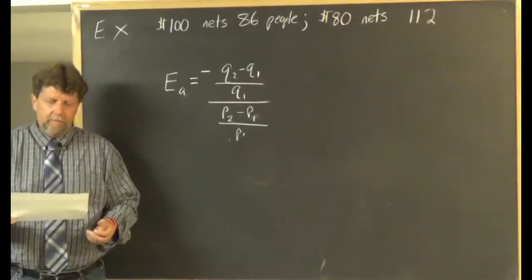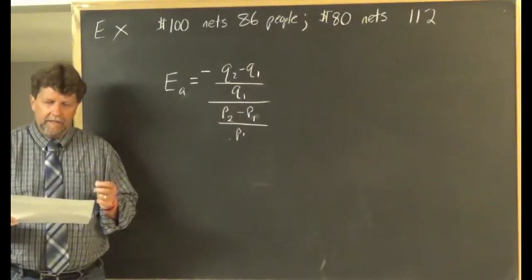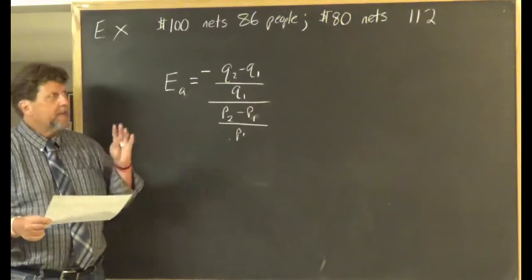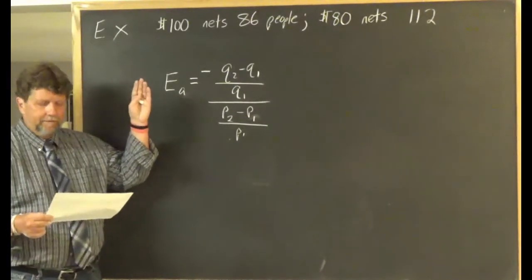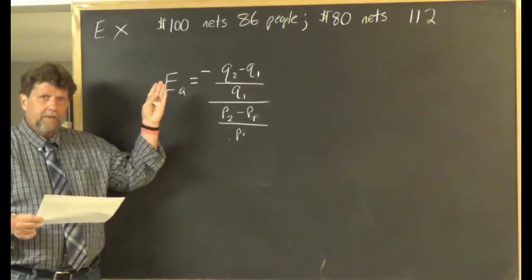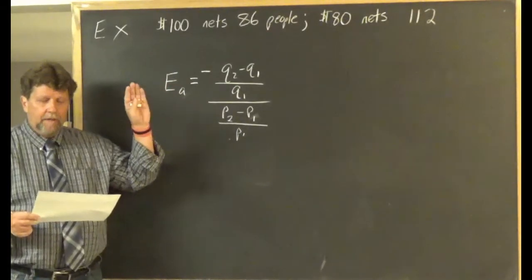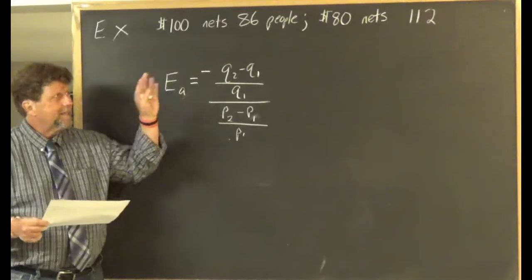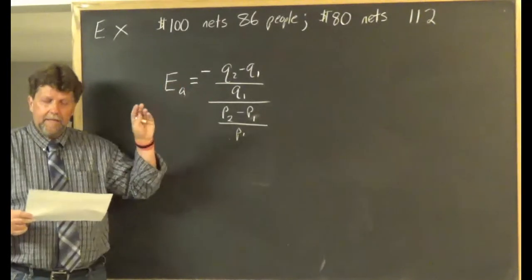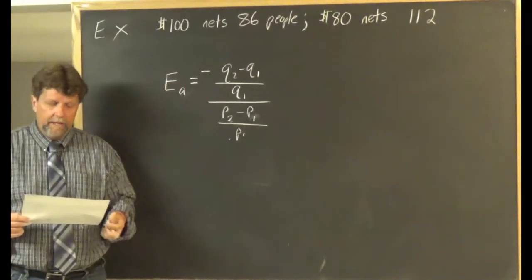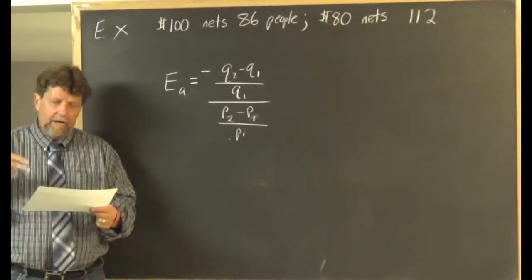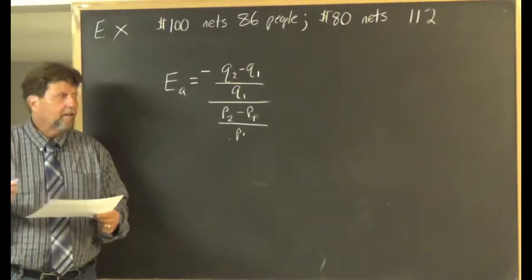All right, folks, this example was an example of arc elasticity. I didn't write all the words down, just some of the really important stuff. That the normal price of $100 nets 86 participants in a week. If they reduce the price to $80, it nets 112 participants in a week. So the normal price, the original price is $100.